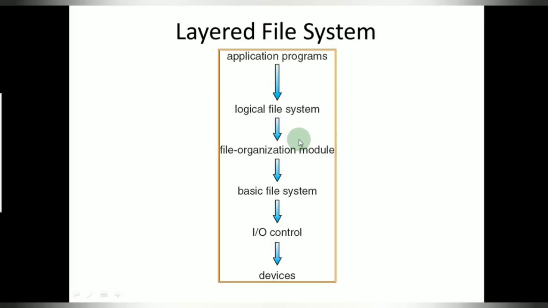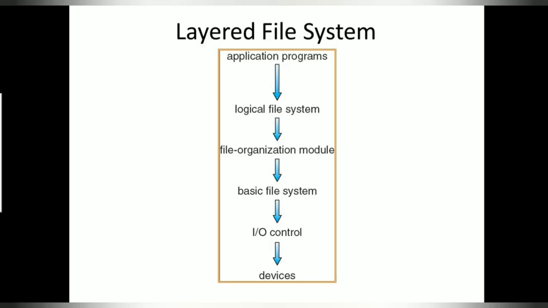By knowing the type of file allocation used and the location of the file, the file organization module can translate the logical block address to the physical block address for the basic file system to transfer. It also includes the free space manager, which tracks the allocated blocks and provides these blocks to the file organization module when requested.